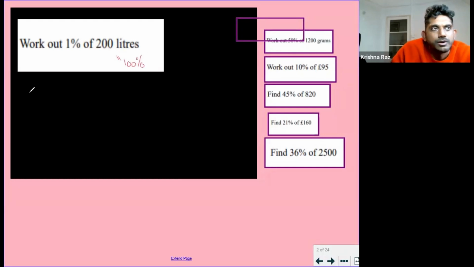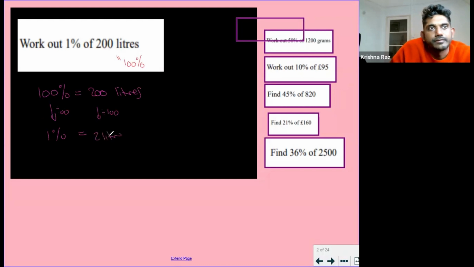And we just want to know 1%. So what are we going to divide by? Exactly, 100. So if 100% is 200 liters, then 1% must be 2 liters. Job done.